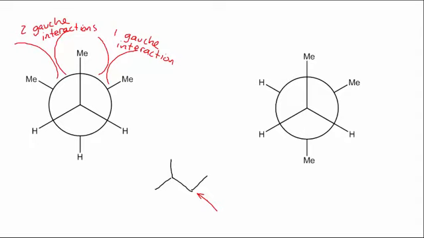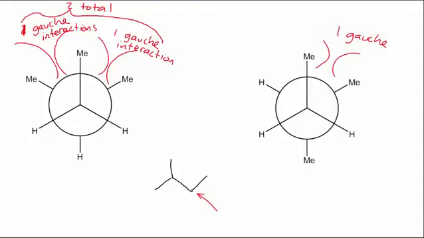So if I compare these two conformations, two gauche interactions is worse than one.